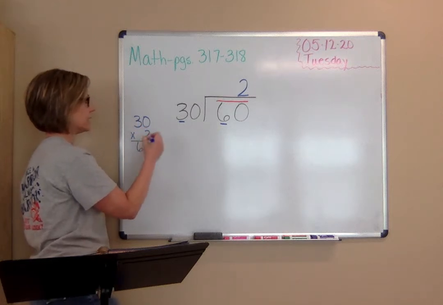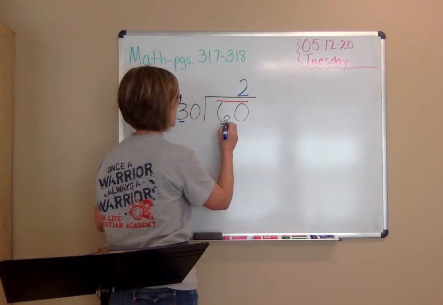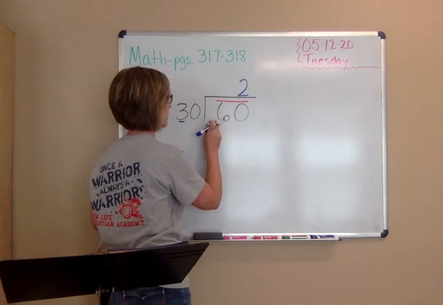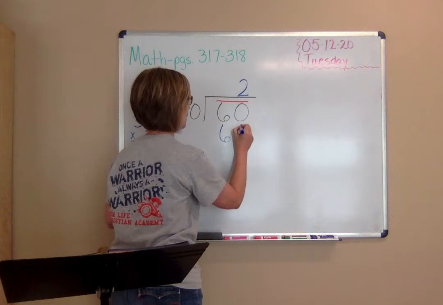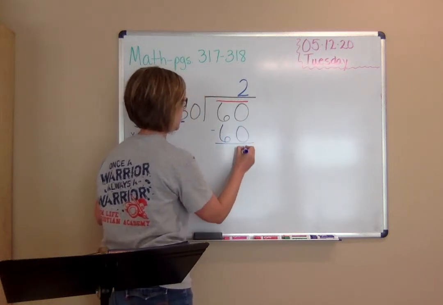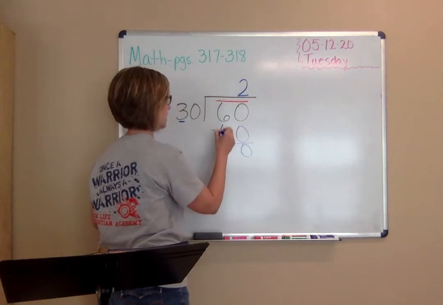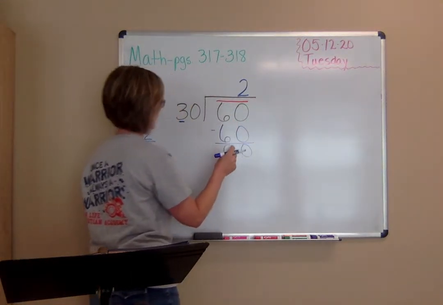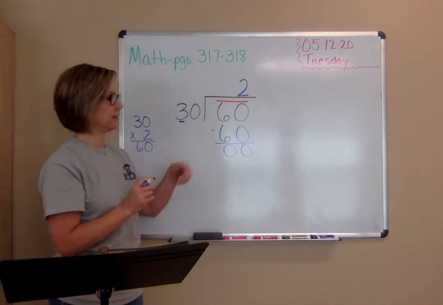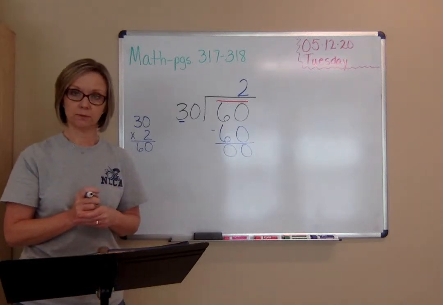So 30 times 2 is 60. I'll take that off for right now. So we'll put the 60 under here. Then we subtract. 0 minus 0 is 0. 6 minus 6 equals 0. 0 is significantly smaller than 30, so we're good there. Nothing else to bring down, so we're finished.